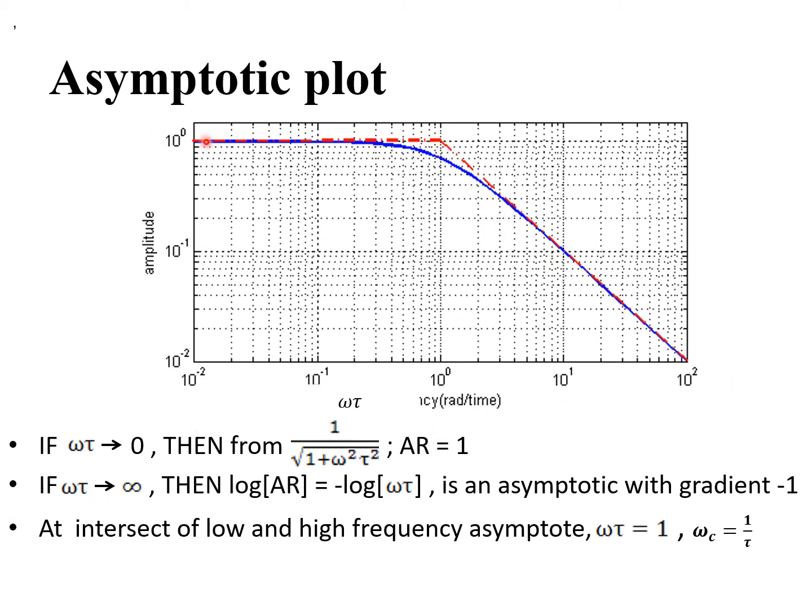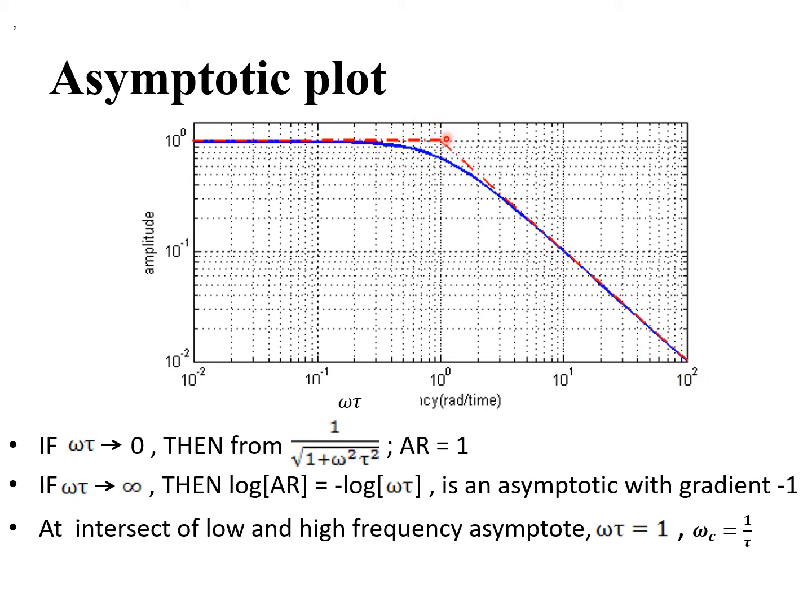Where do they cross? They cross at omega tau equals 1, which means the corner frequency is 1 over tau. If you know the time constant, then you know where it crosses. The low asymptotic line crosses the high asymptotic line at this point, which is called the corner frequency.